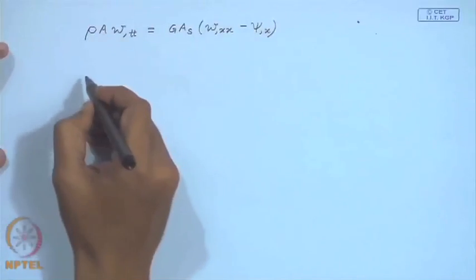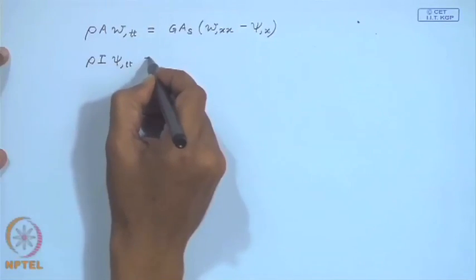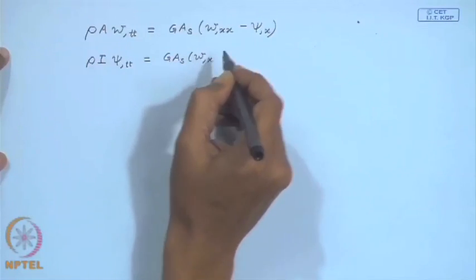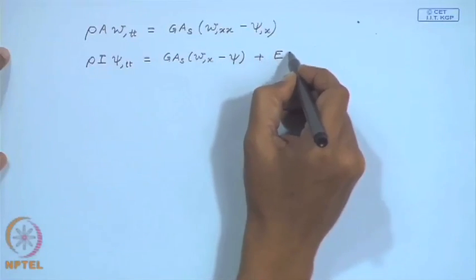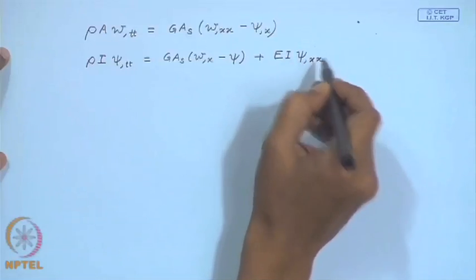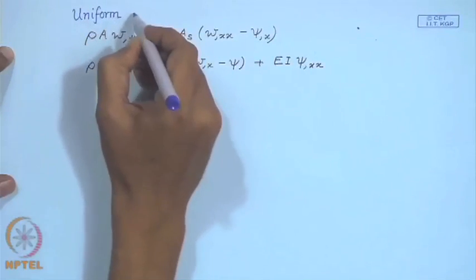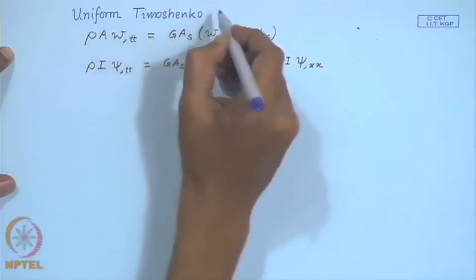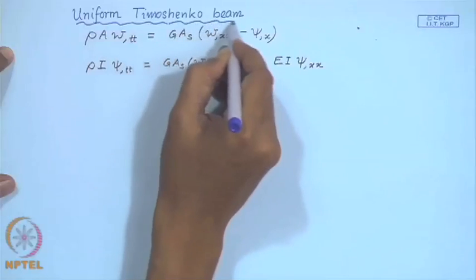So, this is the equation of motion of the transverse dynamics. So, this is for a uniform Timoshenko beam.